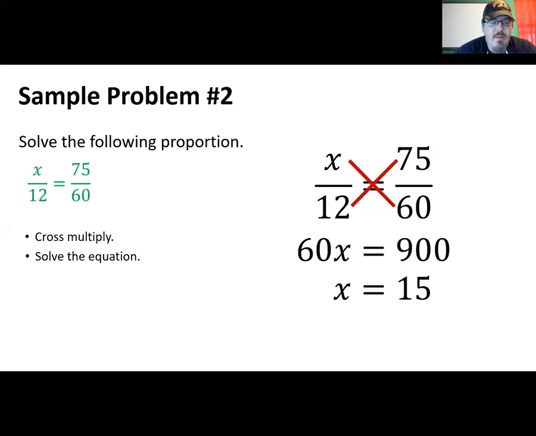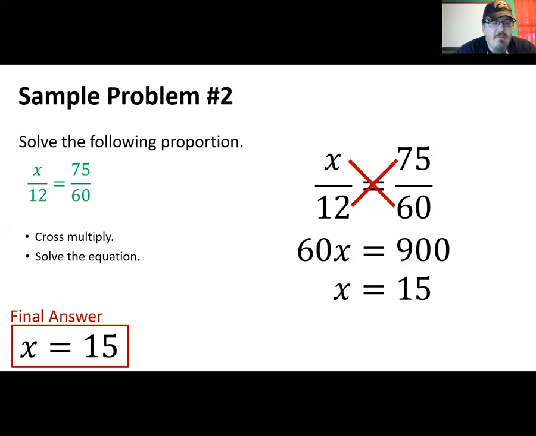If you think about the original problem, the two fractions, 15 over 12 and 75 over 60, are equivalent to each other. They can each reduce down to the same thing. So again, we're talking about two ratios, two fractions that are equivalent to each other in the proportion.